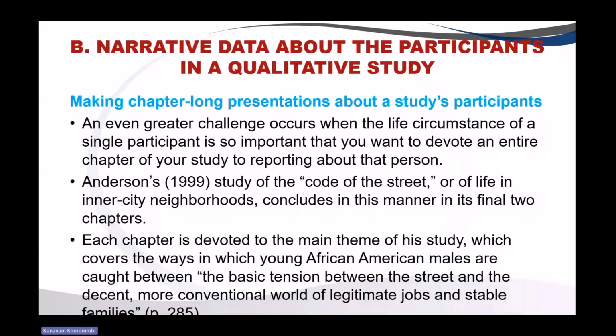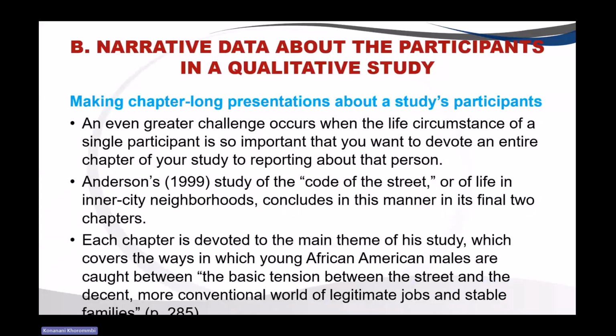Now, I made reference to a chapter earlier on. How do you do that one? There was a study by Anderson in 1999, the Code of the Street, or life in inner city neighborhoods, which concludes in this manner in its final two chapters.